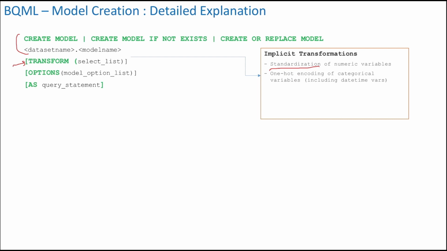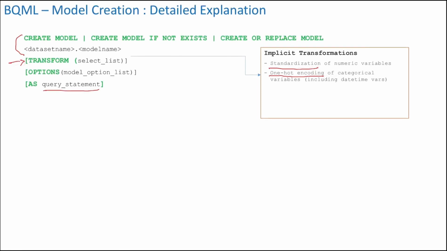The second part is the one-hot encoding, right? Again, a very standard transformation for all categorical variables. And just to recap, one-hot encoding is a process whereby you convert a categorical variable like gender, for example, into numeric variables. So in this example, if your categorical variable is gender with two values, male and female, you can convert this into numeric variables for it to be fed into your machine learning models.